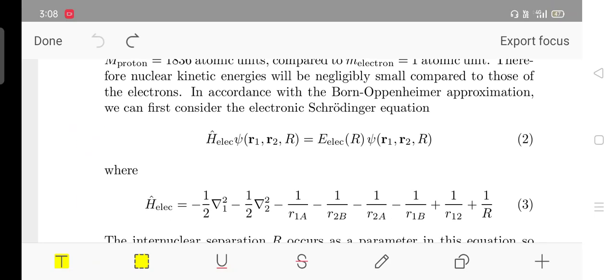So in accordance with the Born-Oppenheimer approximation, we can first consider only the electronic Schrodinger equation.